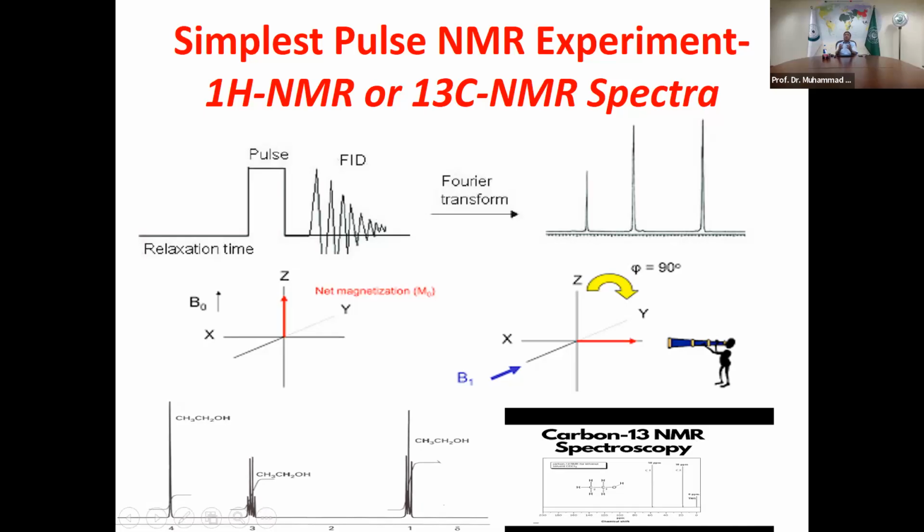The difference is that in the case of proton NMR, you have your radio frequency fixed at the resonant frequency of protons. In the case of C13, it is a different frequency, and you can be very, very selective so that you can detect any of these. So it's the simplest one-pulse NMR experiment, the simplest one.